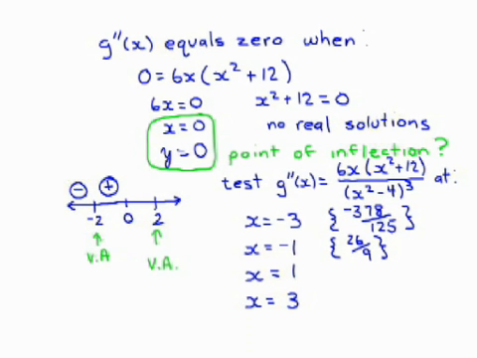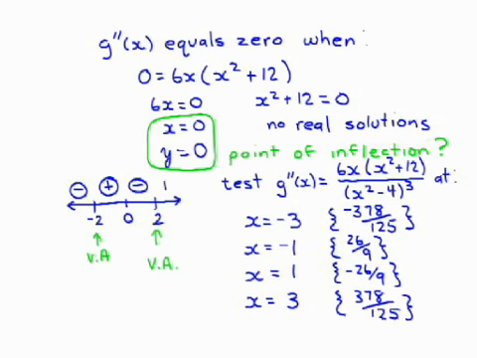When x is equal to 1, my corresponding value for g double prime x is negative 26 divided by 9. I place a negative on that region of the number line. And when x is equal to 3, my corresponding value of g double prime x is 378 divided by 125. So I place a positive on that portion of the number line.